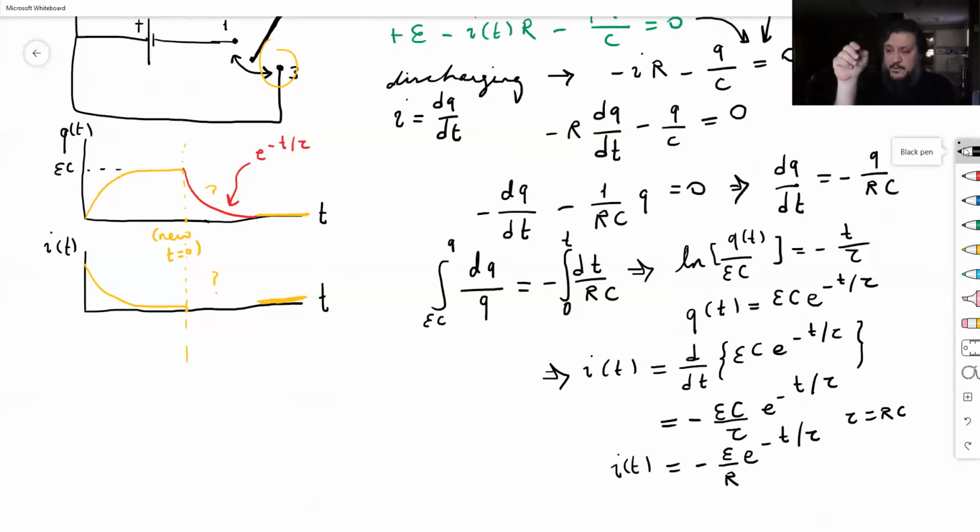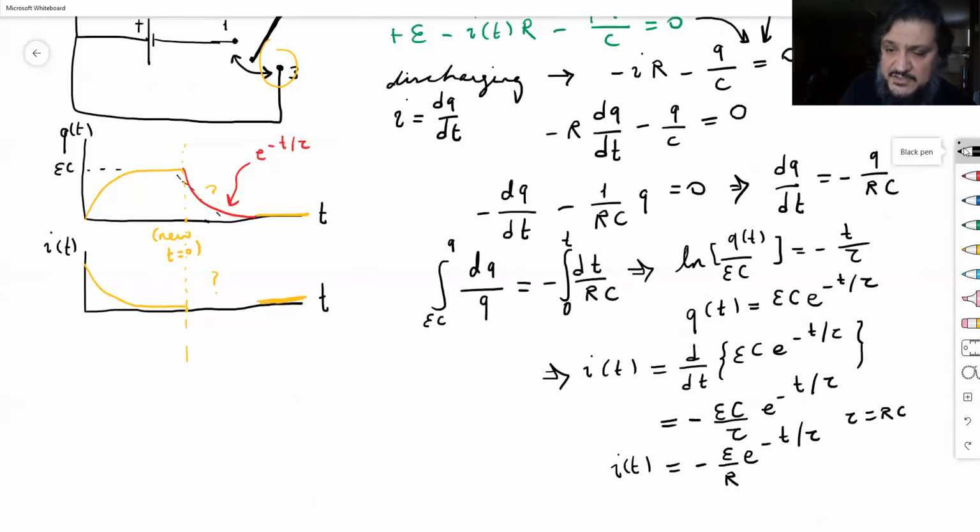So both the charge and the current are exponential decays, but the charge is positive and the current is negative, which is what you expect, right? Take the derivative, find the slope of this decay at any time, you'll find a negative number.